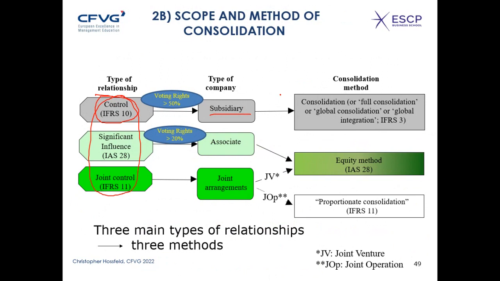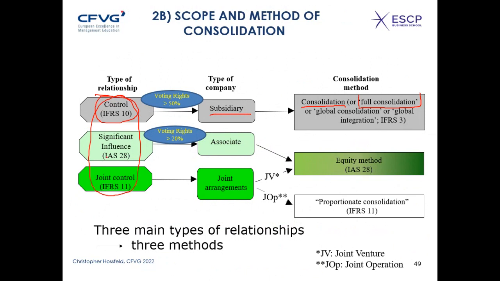And how will I do this? I will do this by using the consolidation method, or I prefer the second term, the full consolidation method, because later on you will understand that the small word full has a certain meaning. So subsidiaries are consolidated. I use the full consolidation to consolidate them.